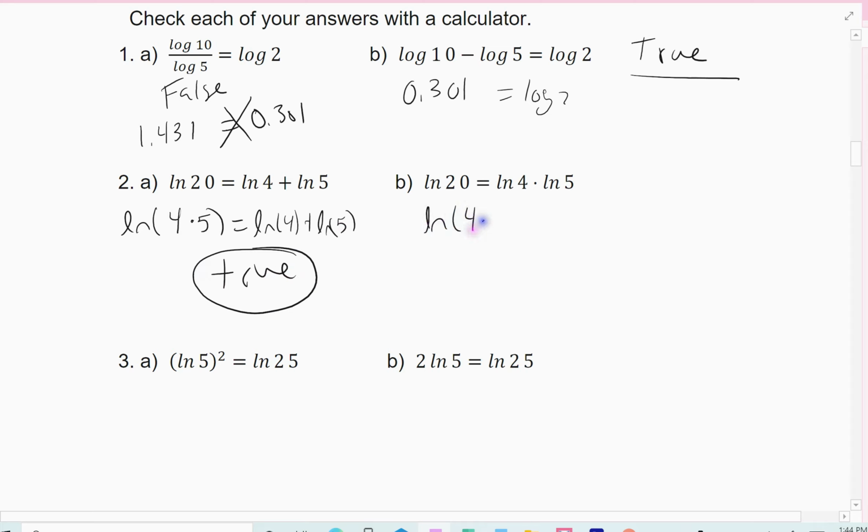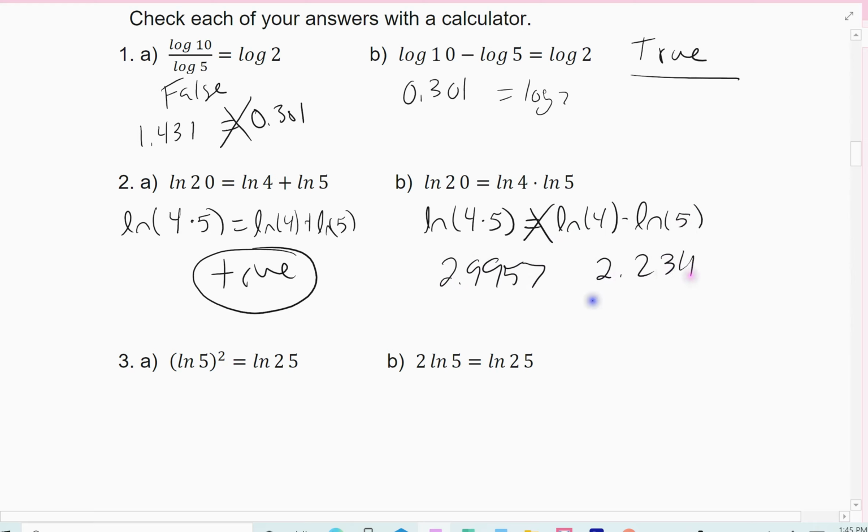Well, I know 20 is 4 times 5, and they'll write natural log of 4 times the natural log of 5. But that's false. If you take the natural log of 20, it comes out 2.9957. If you type the natural log of 4 times the natural log of 5, that comes out 2.231. Well, now they're close, just because the numbers come out close, but they're not the same, right? 2.9 is very different than 2.2.